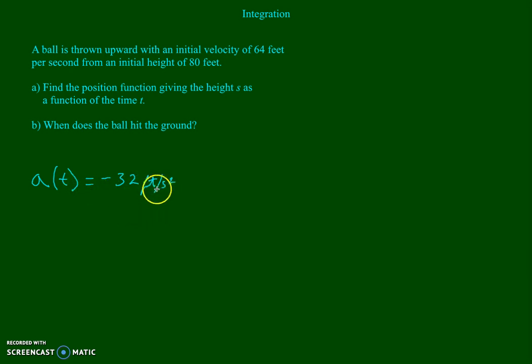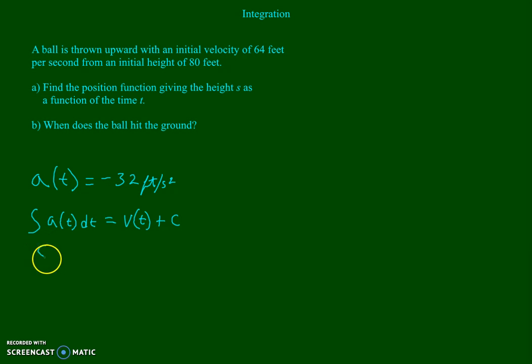Now, we have to take this and integrate this, because if you remember, the derivative of position is velocity, and the derivative of velocity is acceleration. Therefore, the integral of acceleration is velocity. So if we integrate a of t with respect to time, we're going to get velocity with respect to time plus some constant of integration.